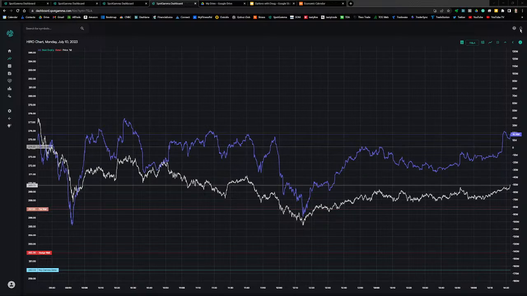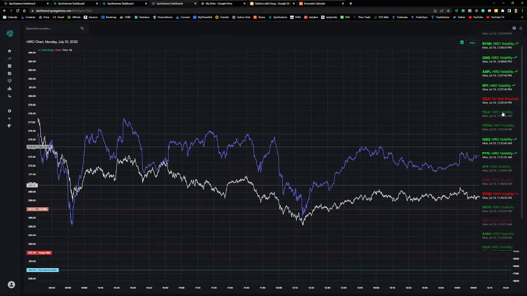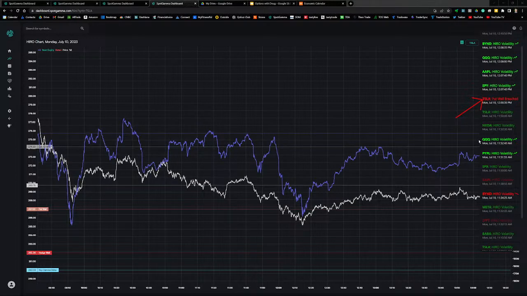And let's just take a look at the alerts. So here's the put wall breach for Tesla, just right around noon. So that's where that put wall breach happened. So let's go see how we could approach that.